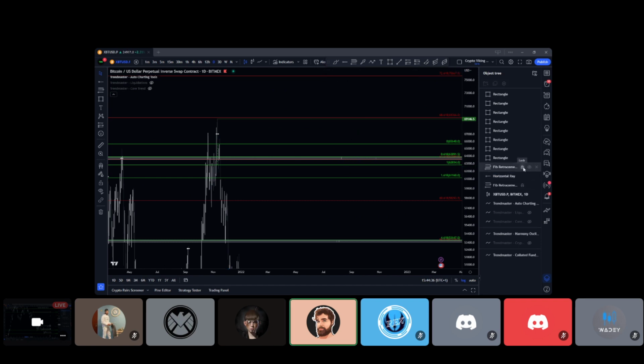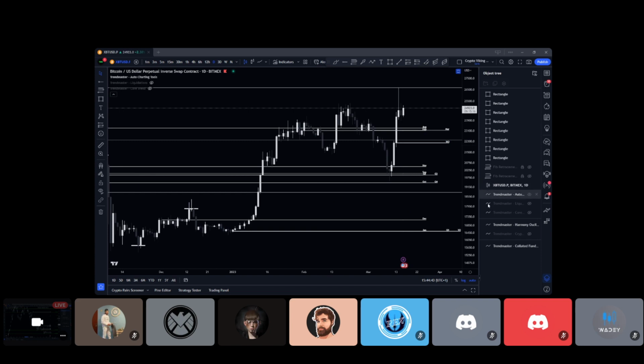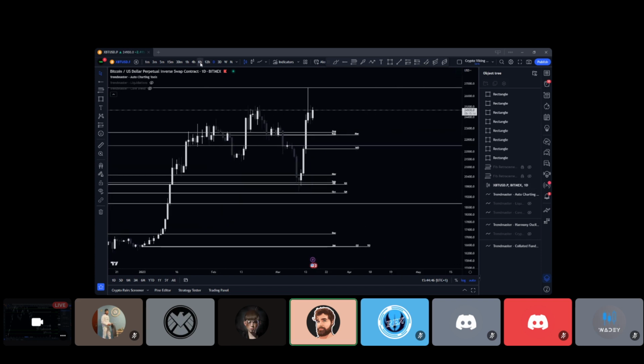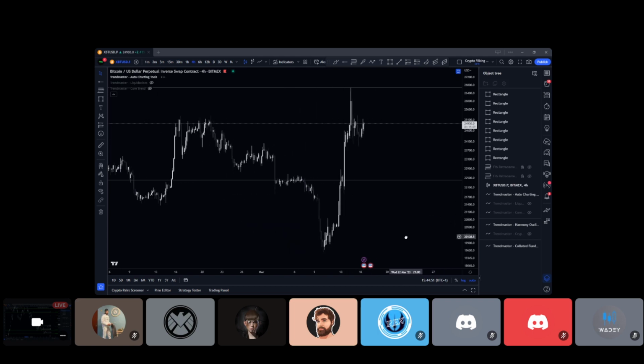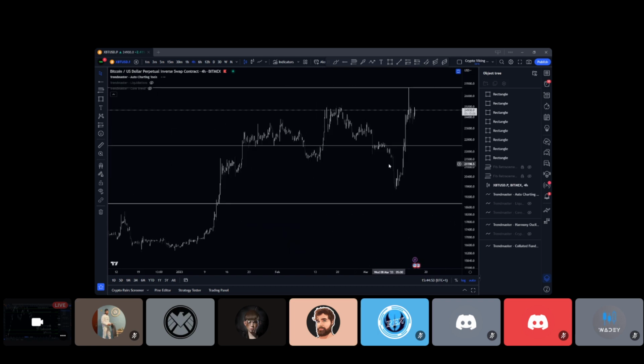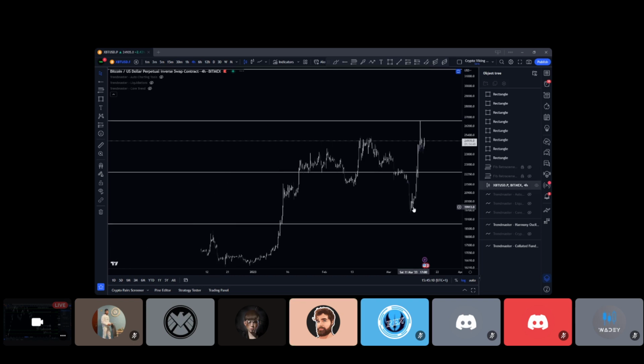And then we turn off and get rid of the horizontal rays, and then turn off our fibs. And what are we left with? Arguably the most accurate levels you could possibly have for finding Fibonacci price projection. And these now become the main parts of what you're looking to gain or lose. You can just turn that off real quick. And that's your major levels. Now, if you want, you can go back and just draw lines so you actually have the levels plotted. But when they're that significant, it tells me everything I need to know about the structure, right?